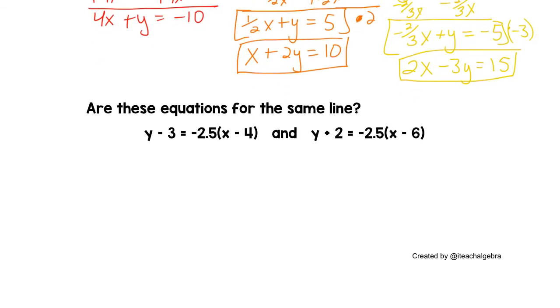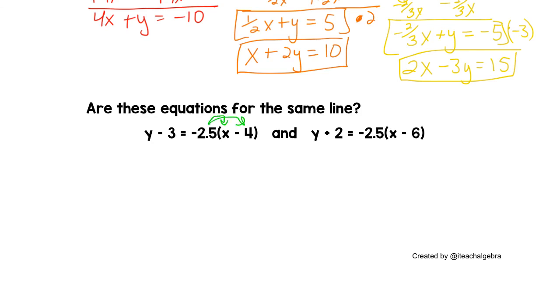One more little tidbit of info that we want to know here. The question is, are these two equations the same line? Sorry. To find that out, we need to put them in slope-intercept form and figure it out. So let's distribute.